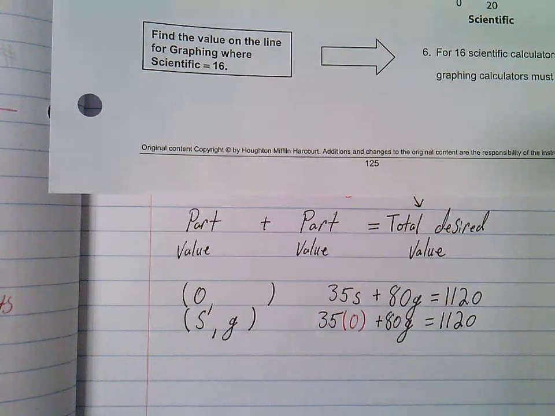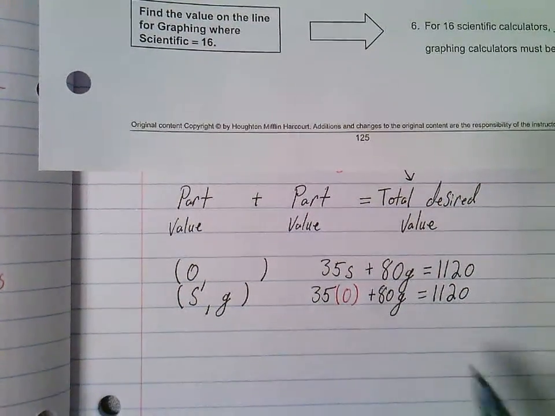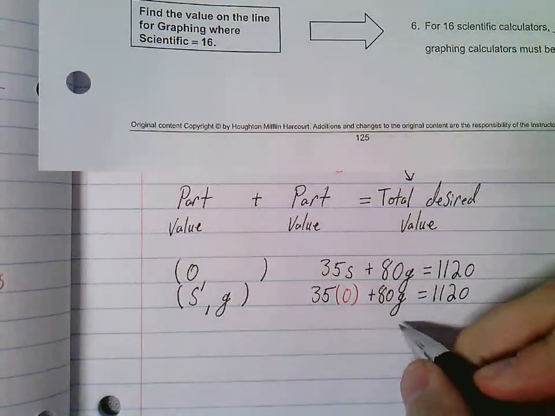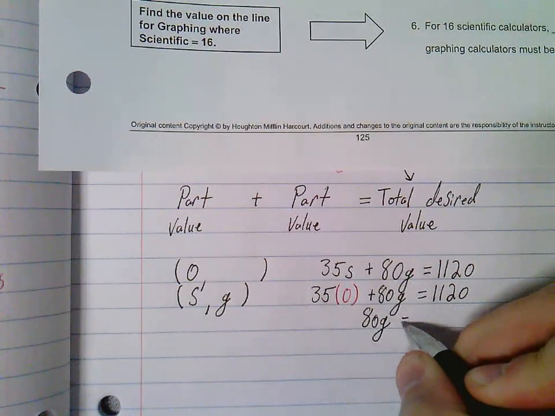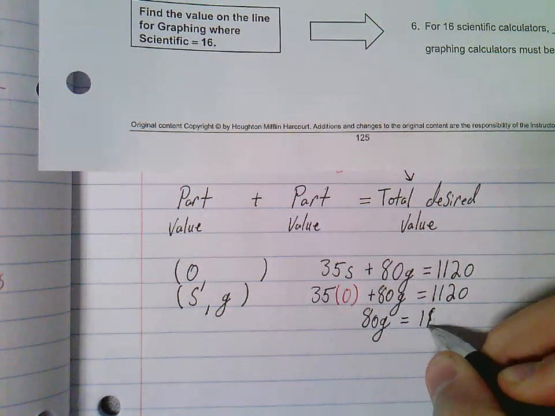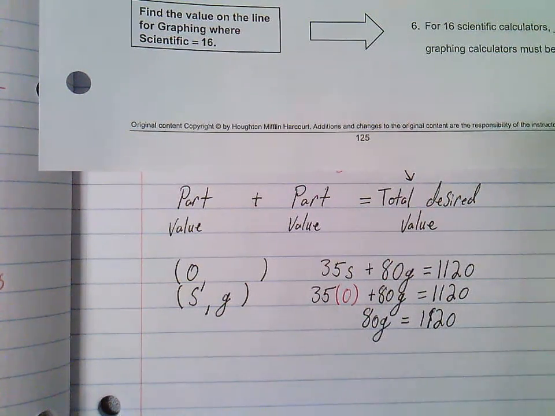Well, this problem's not that hard then. We see that 35 times 0 is 0. So we get 80G is equal to 1,120. Can somebody tell me how I get G by itself here?